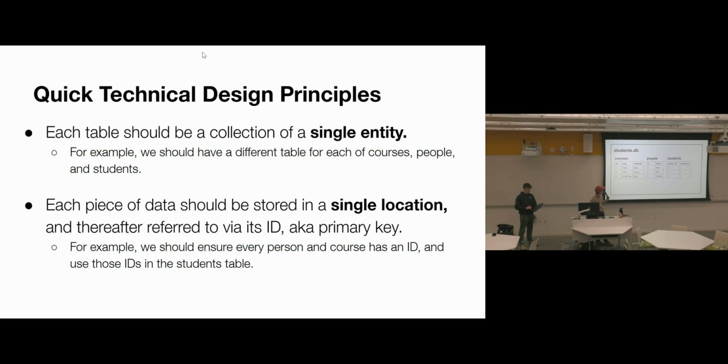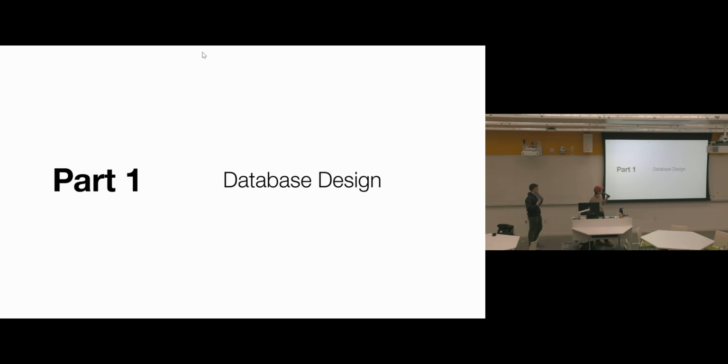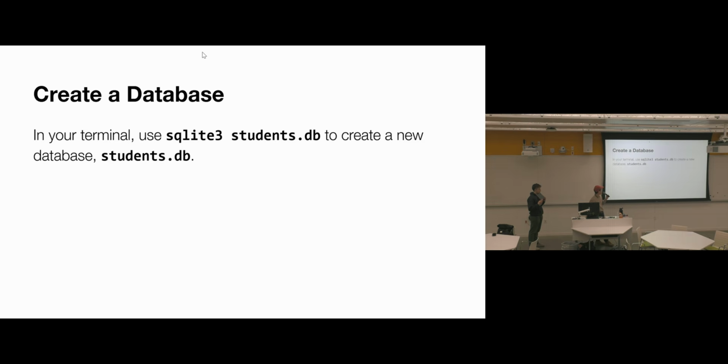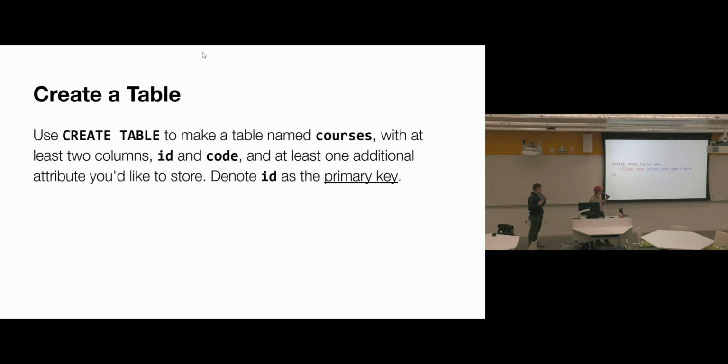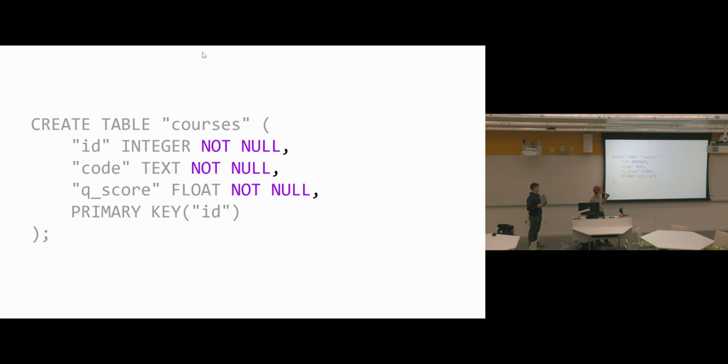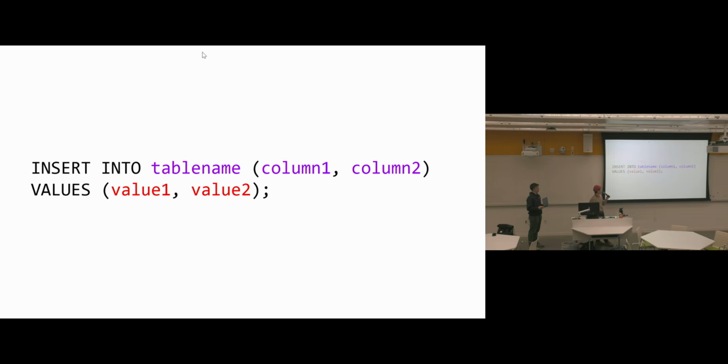So we talked about the general design principles. You want things in one place, and then you want each table to be coherent. You don't want things repeating. And then we talked about how to create tables, how to populate these different pieces of information, the name, the primary key, and then the specification.